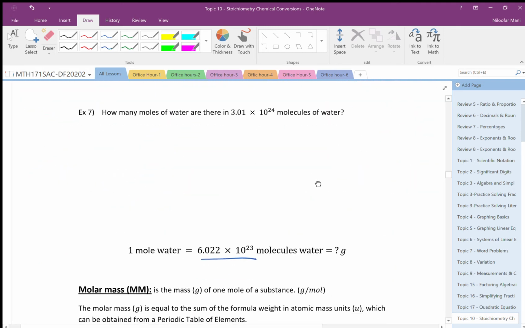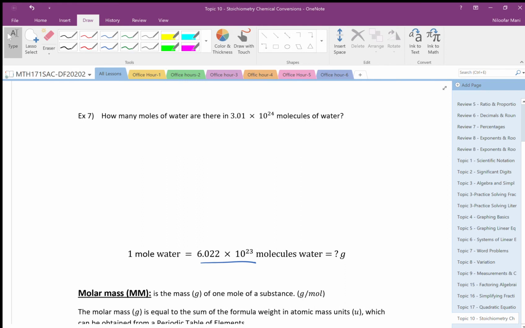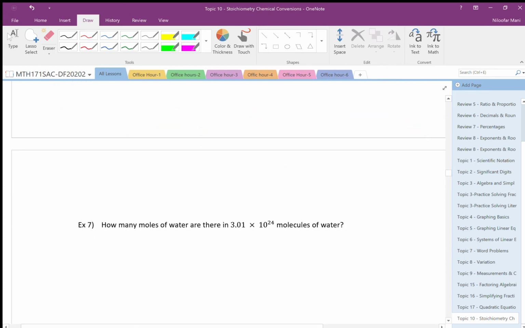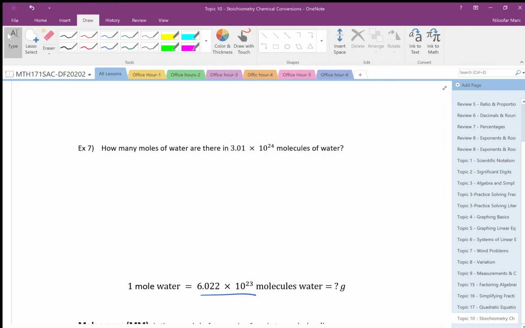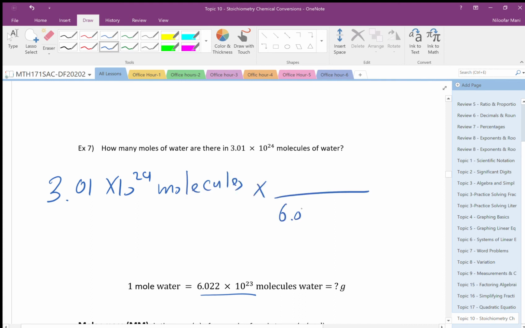Now, how many moles of water are there in this many molecules? Here you want to go from number of molecules to number of moles, so that's different. I use the same number but in a different way. So here is 3.01 multiplied by 10 power 24 molecules, multiplied by 1 mole of water per 6.022 multiplied by 10 power 23 molecules.